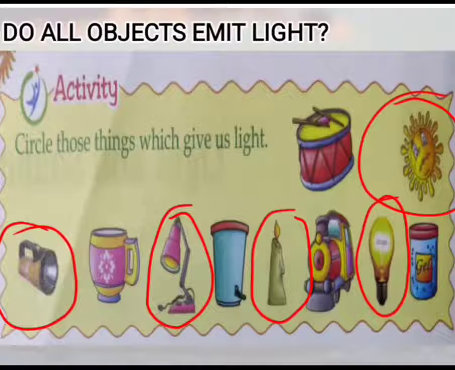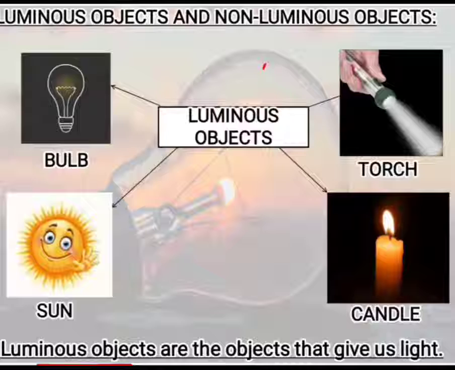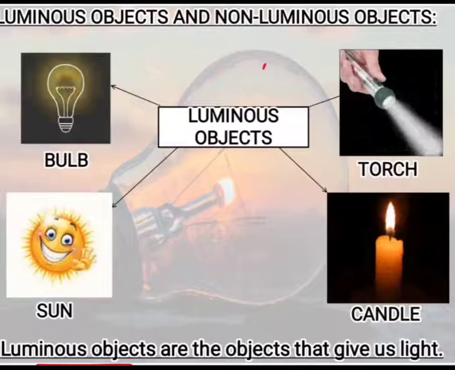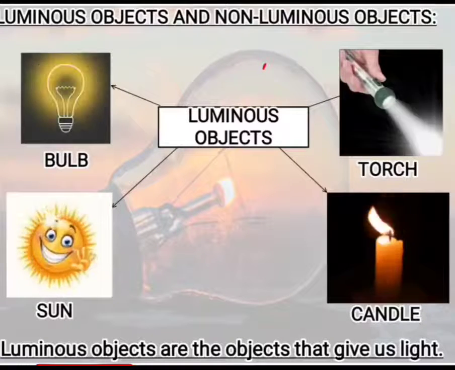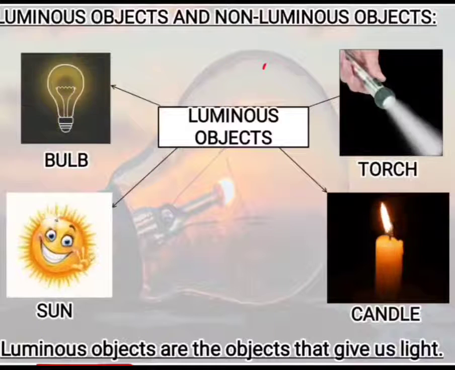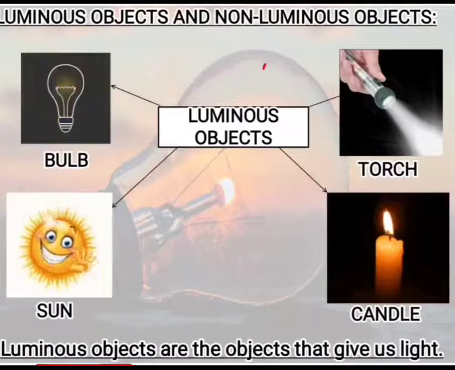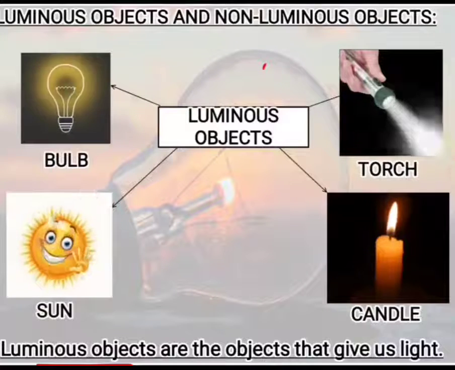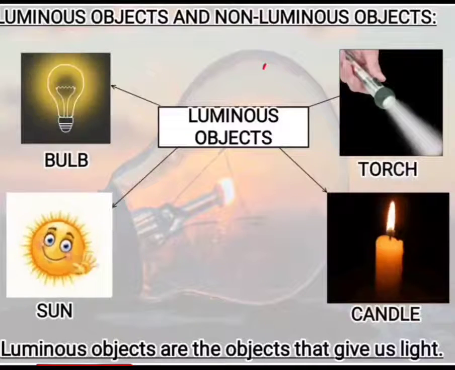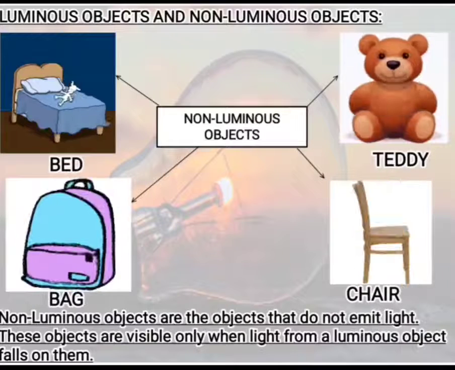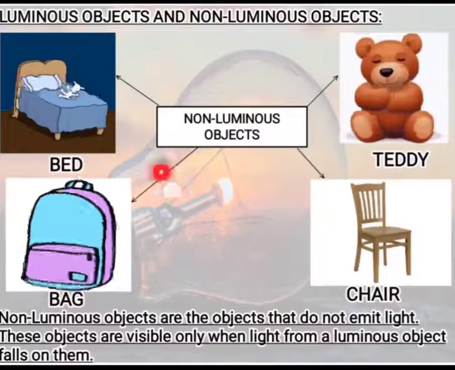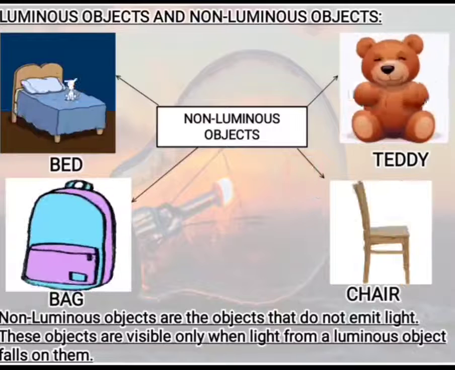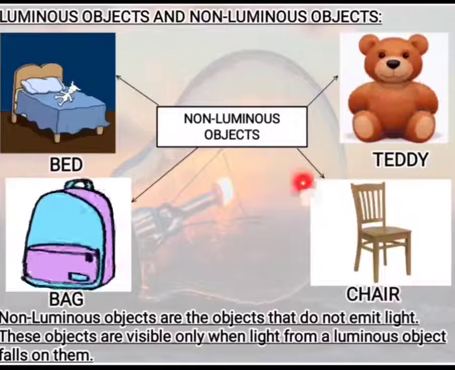After this activity, we have come to the conclusion that there are few objects which give us light and few that do not. The objects that give us light are known as luminous objects, like bulb, torch, sun, candle, etc. And the objects that do not emit light, meaning that don't give out light, are known as non-luminous objects.